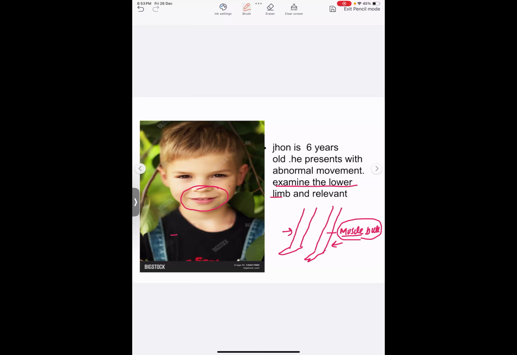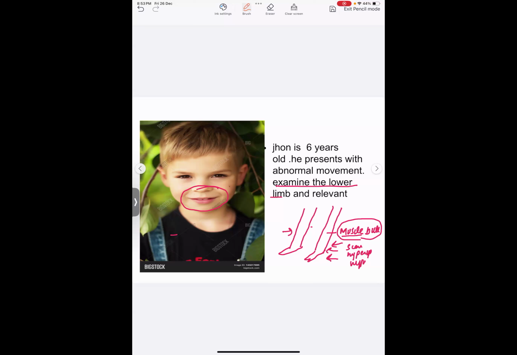Then you will look for any scar, and any hyperpigmentation or hypopigmentation, any skin change, and whether both limbs are bilaterally symmetrically equal, or there is reduced muscle bulk on the right side.